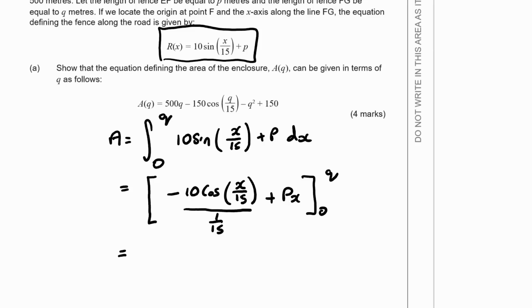Okay, so dividing by that 15, that's going to give us negative 150 cos x over 15 plus px, 0 to q.